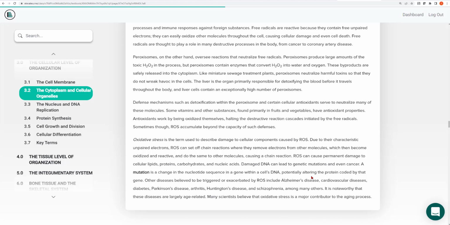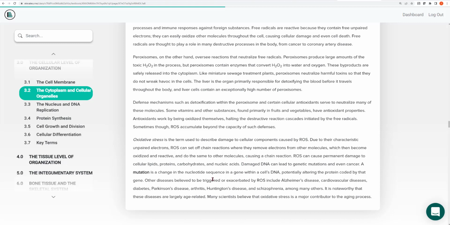Again, we're going to talk about mutations in the next presentation, but the reason that we take antioxidants and we eat healthy and we eat our fruits and vegetables is to make sure that we are taking in sufficient antioxidants to fight off these radicals that are formed in our normal metabolism.